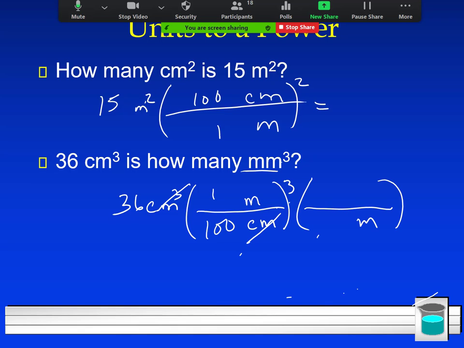Now I want to get rid of meters, and I can change that into millimeters. 1 meter is 1,000 millimeters. But I don't want to get rid of meters, I want to get rid of meters cubed, so I have to cube this second conversion factor too.